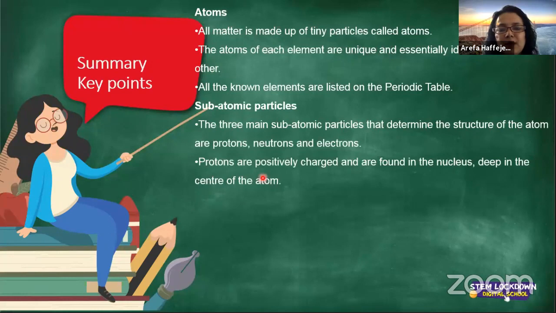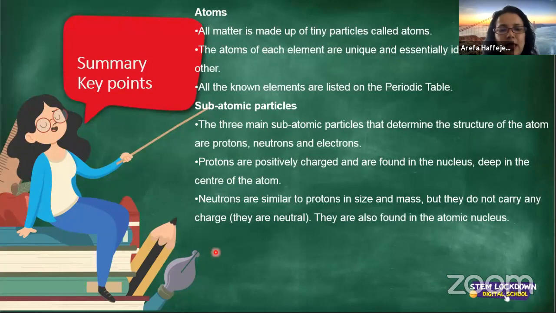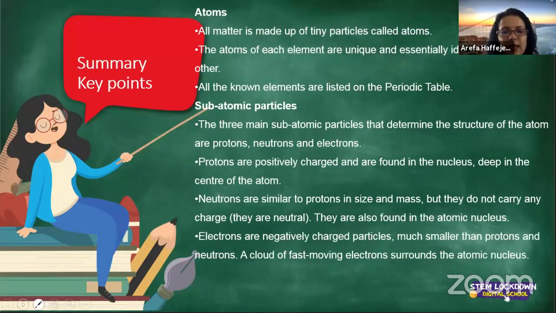Protons are positively charged and are found deep in the nucleus at the center of the atom. I'm also recapping what I did in my last lesson. Neutrons are similar to protons in size and mass, and they do not carry any charge, and they are found in the atom's nucleus.